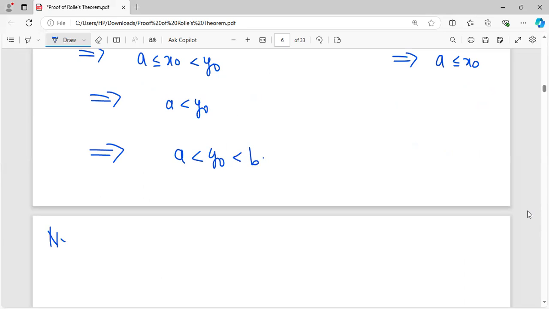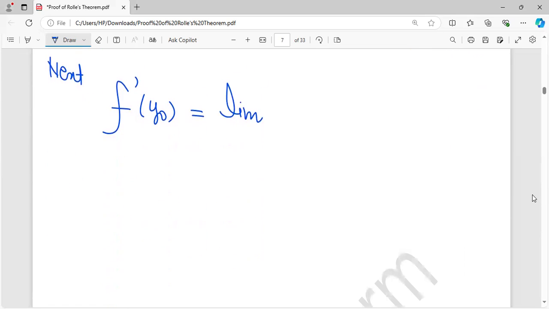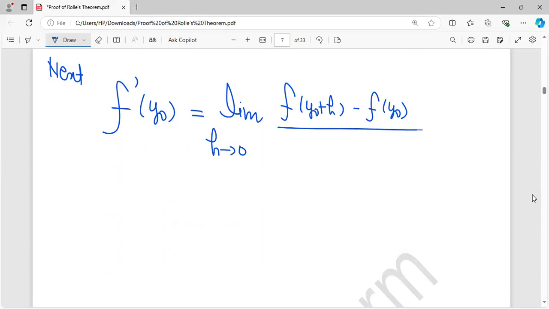Now, next, what is the derivative at y naught? You take the right hand derivative, then what will we get? The limit h tending to 0 of f(y naught plus h) minus f(y naught) upon h. Because f(y naught) is the maximum, f(y naught plus h) is less than or equal to M, that is f(y naught).